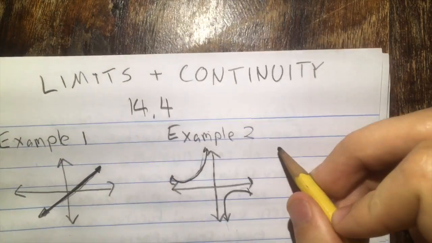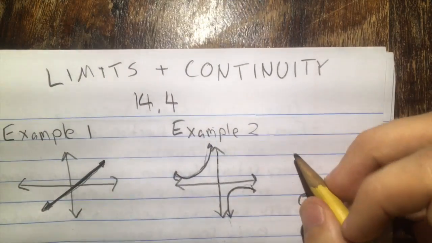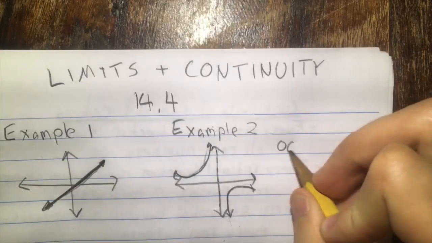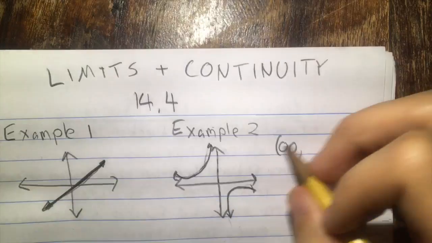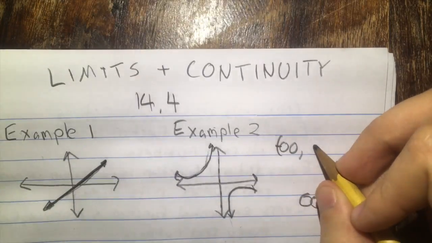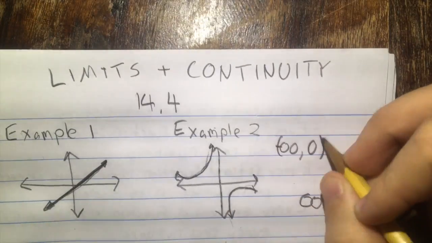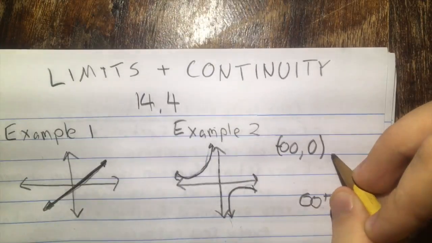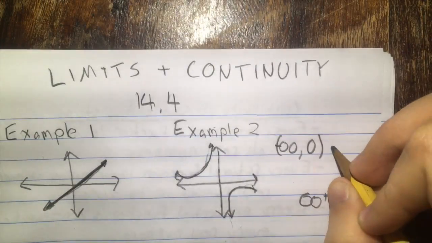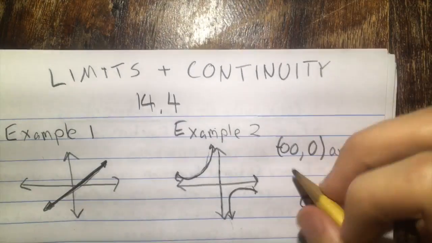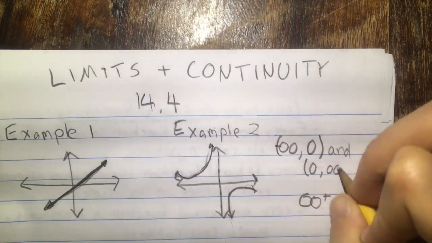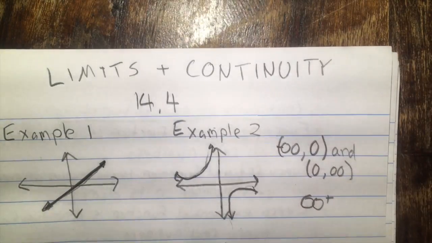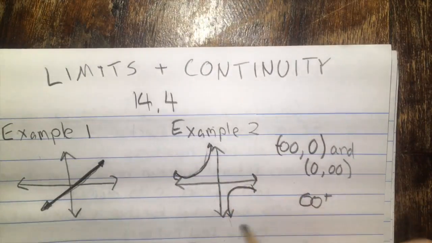So if we remember interval notation, we could write it as negative infinity to 0, then we have the parenthesis, not the bracket, and 0 to infinity. And that's where it would be continuous, because this is its only asymptote.